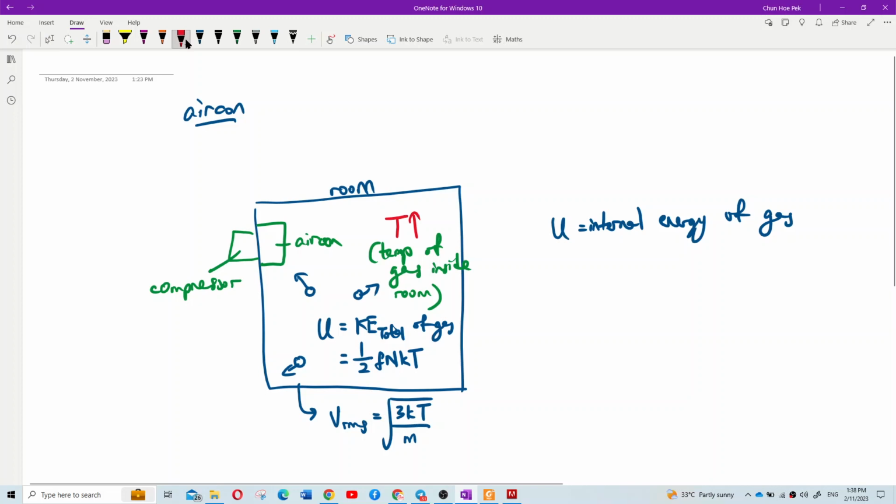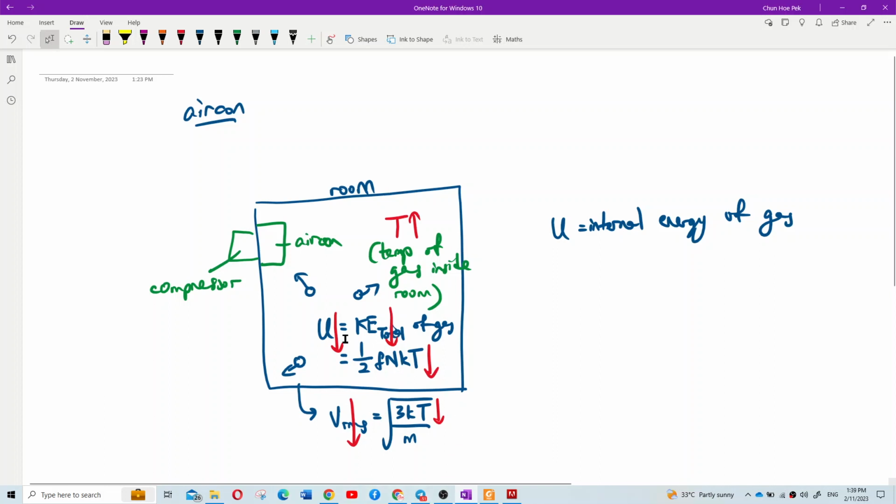When I lower the internal energy of gas, I actually lower the kinetic energy of gas, and that lowers the temperature. It also lowers the root mean square speed of the gas, because when the speed is lower, the temperature is lower.